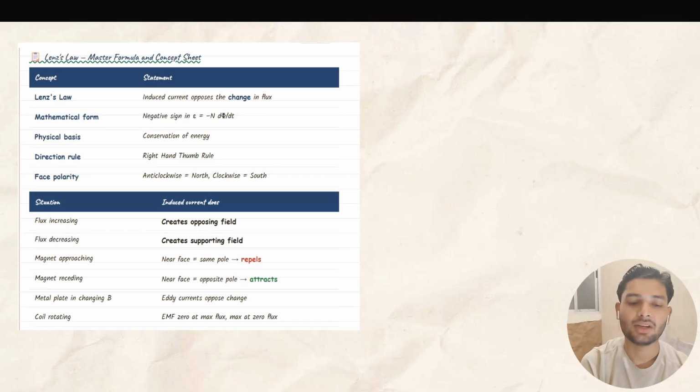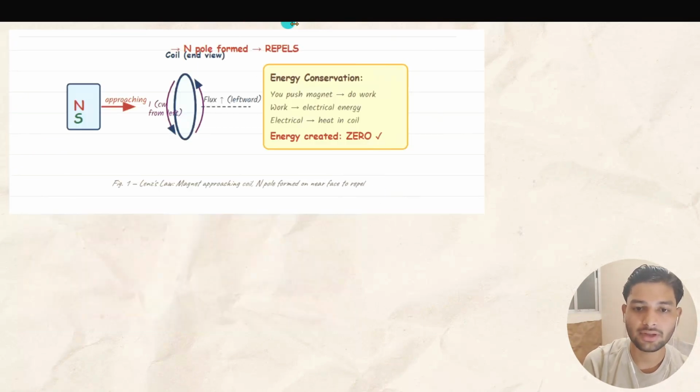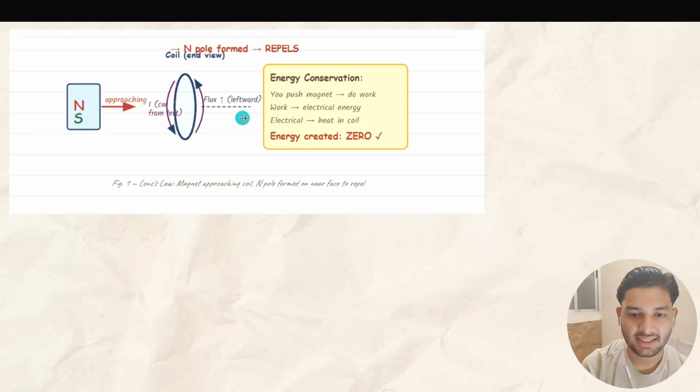That was the summary, and I will also show you a diagram of what we are talking about in the video. N pole formed repels, watch here. Approaching means the north pole of the bar magnet is approaching the coil. What would happen? The current is moving clockwise from the exterior, so flux would increase leftward.